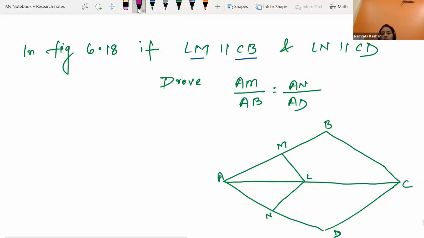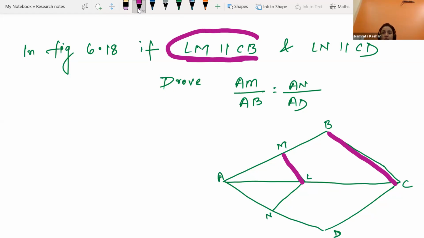Why is it given? In any maths question, if any information is given, we must use it. LM is parallel to CB, maybe it is indicating something.